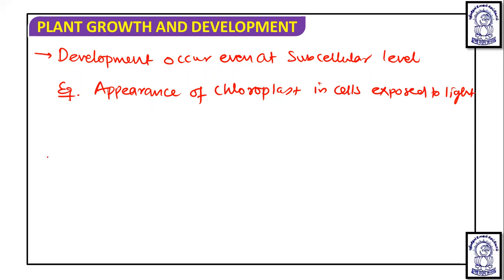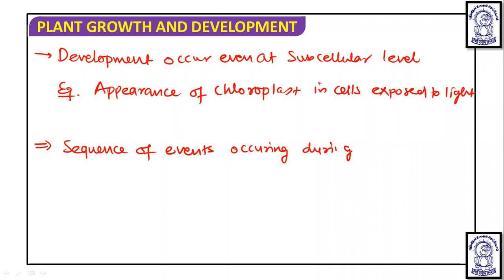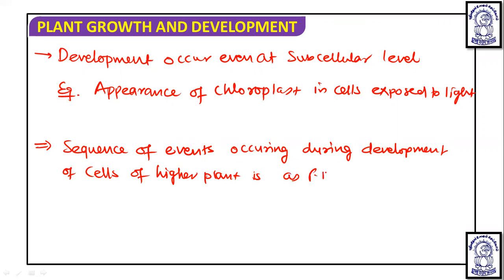Now, if we talk about the sequence of events occurring during development of cells of higher plants, it is as follows.